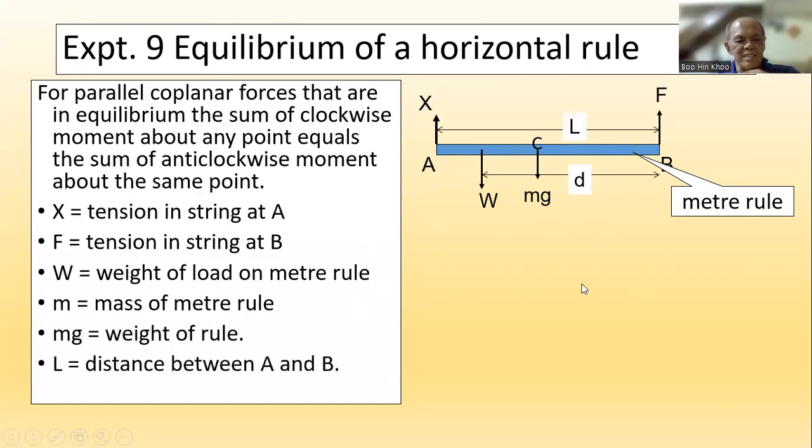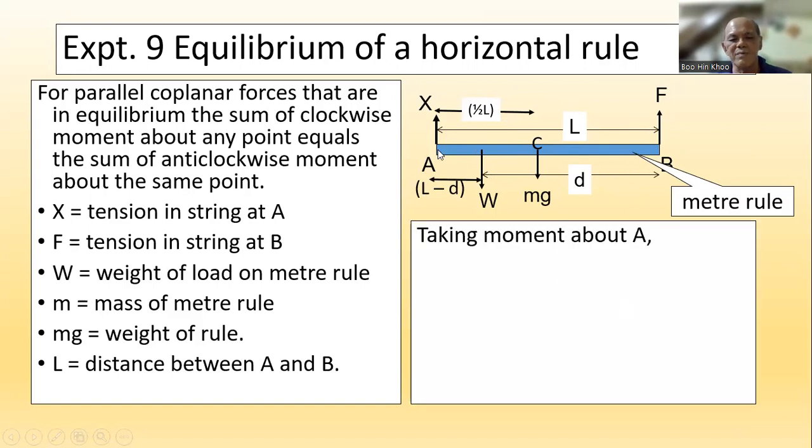L is the length of the rod AB or meter rule. So the center of gravity is at half the length of the meter rule, and that distance there is L minus D.